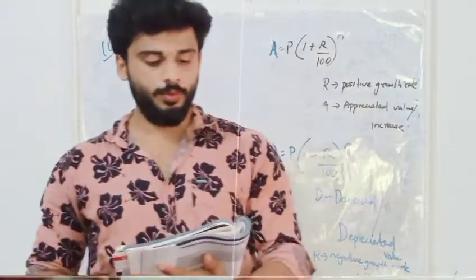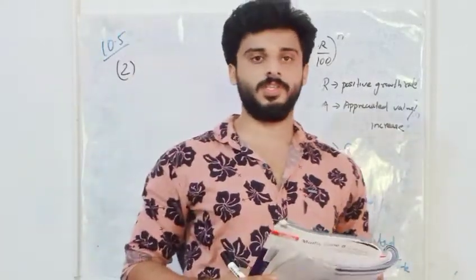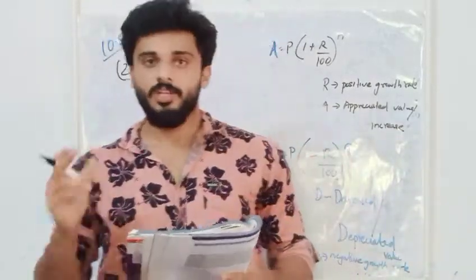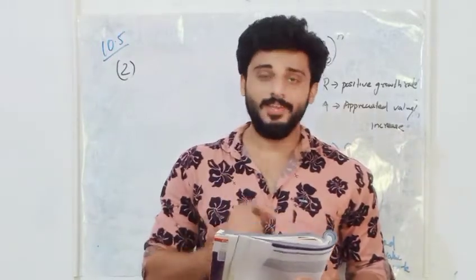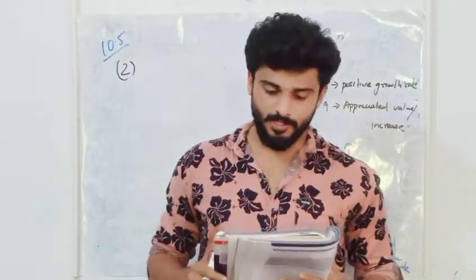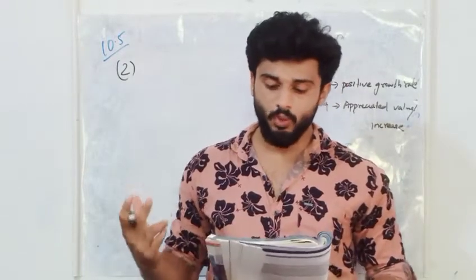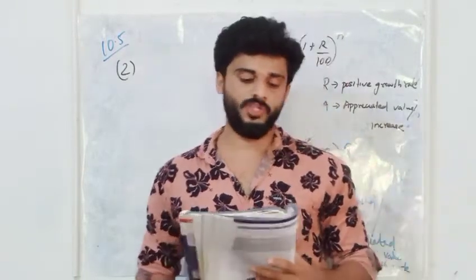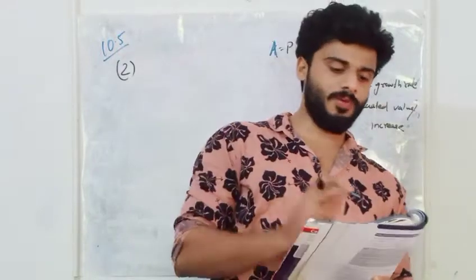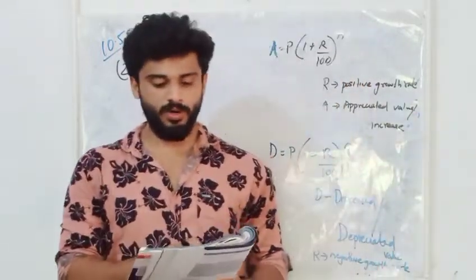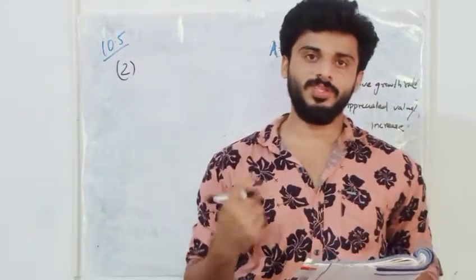Now we are going to question number 2 from exercise 10.5. The question is that the population of a town is increasing at the rate of 5%. What will be the population of the town after 2 years if the present population is 16,000? From the question itself, it states that the population of the town is increasing.